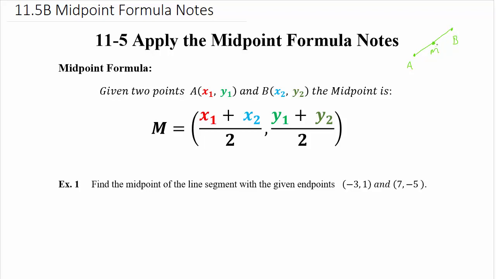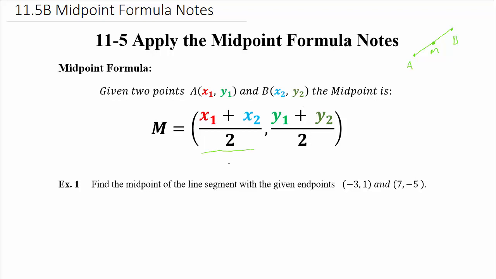Now, middle or midpoint should be a formula that sounds like it makes sense. If we look at our formula, M equals x sub 1 plus x sub 2 over 2, comma, y sub 1 plus y sub 2 over 2. Where the distance is a single value, the midpoint is actually a point.